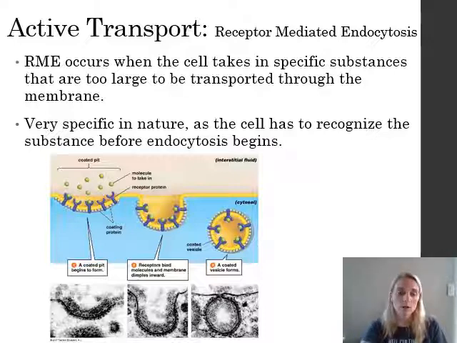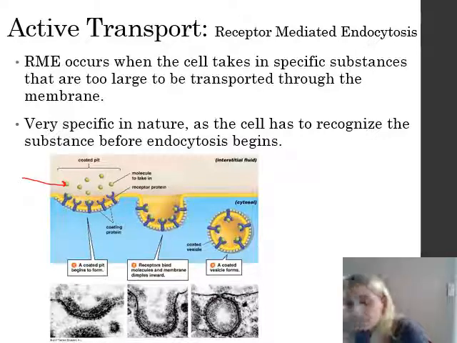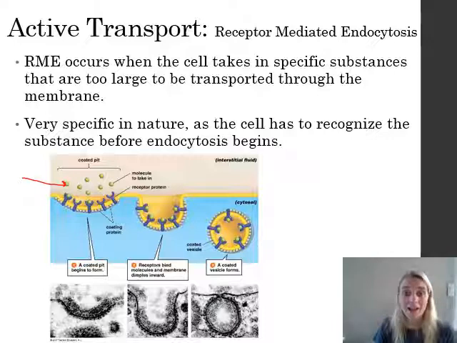In the picture, the thing that we want to bring in is this green ball. The green ball has to bind to a very specific site on the surface of the cell, those little blue Y-shaped molecules. If it was a different molecule, maybe a red square, it wouldn't fit in those receptors, and so it wouldn't be brought in. So there's a lot of specificity with receptor-mediated endocytosis.